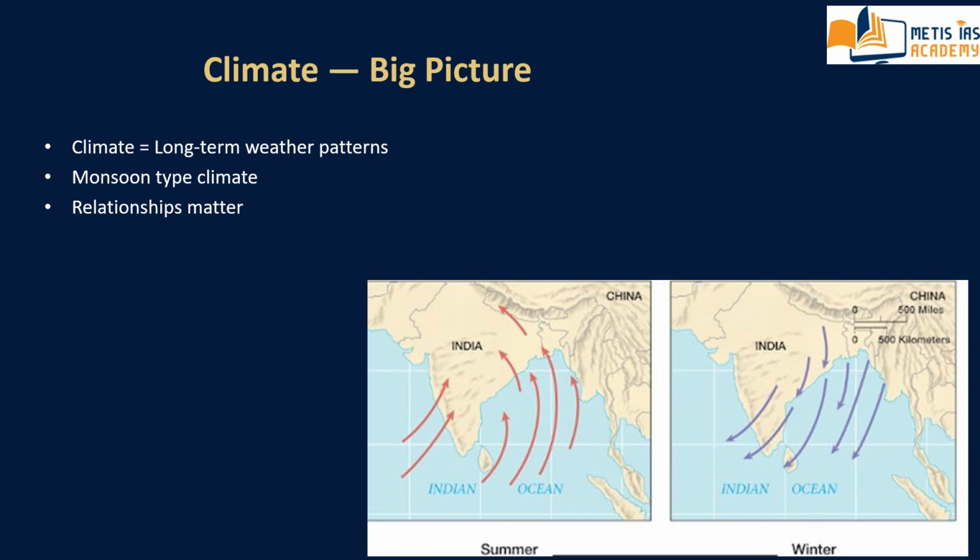India has a monsoon type of climate, characterized by seasonal reversal of winds.